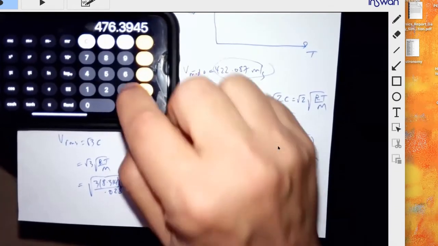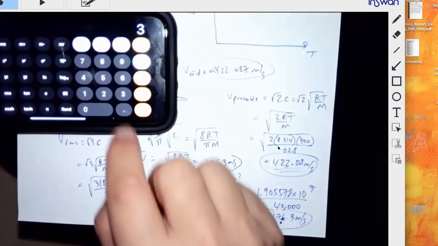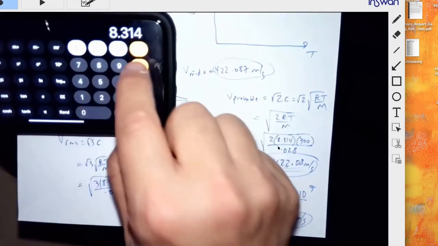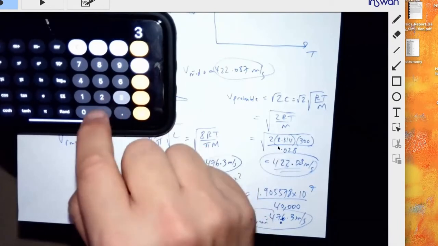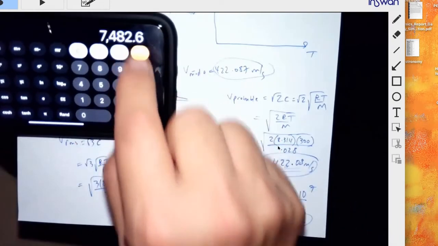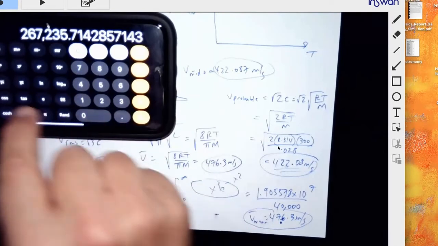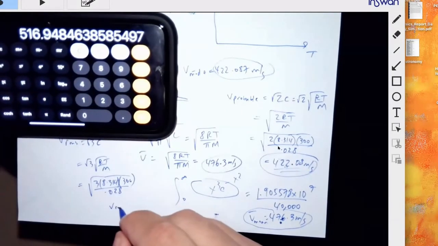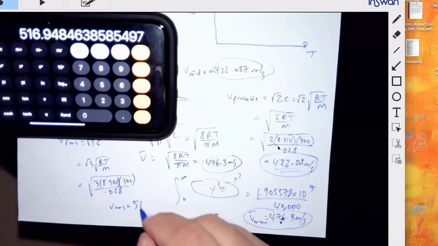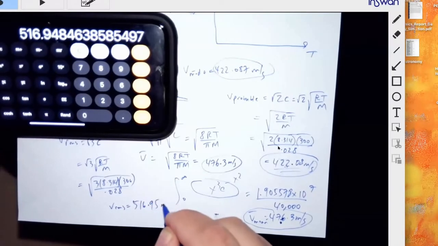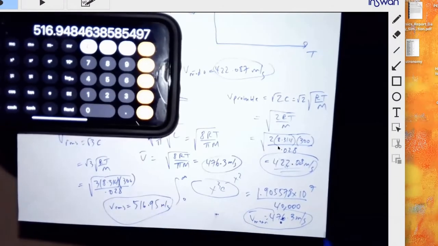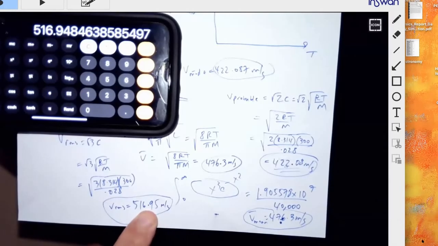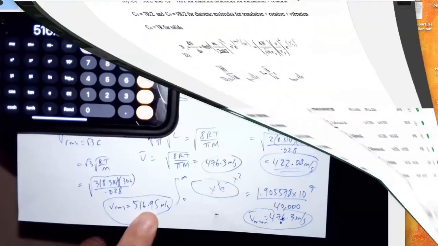Okay, so now 3 times 8.314 times 300 divided by 0.028, and then the square root of that. Okay, so now V root mean square is 516.95 meters per second. So that's even faster than the V mean, right? So graphically, it would be somewhere here.